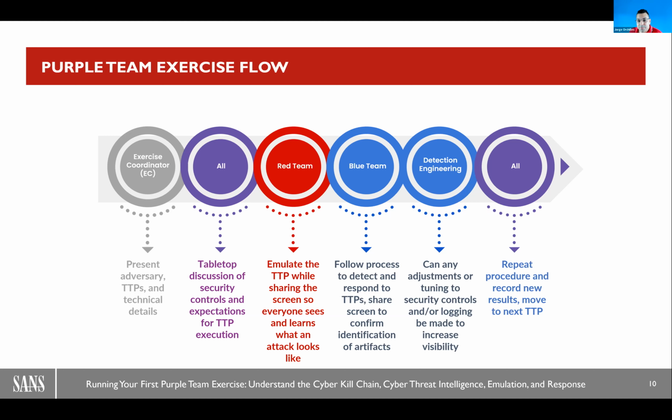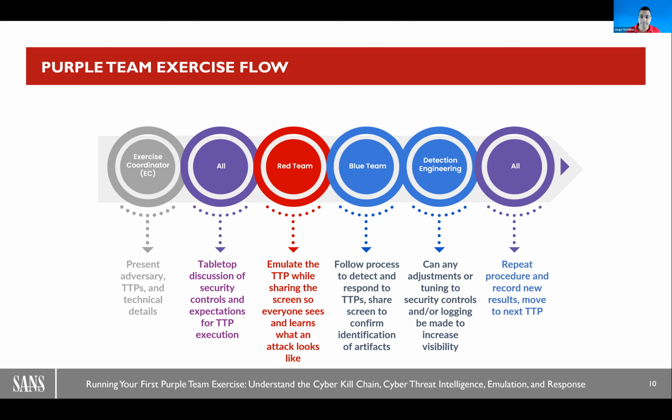What does the hunt team think that they will see? What would the defender team see? And you document all of this. It's fun to bring in managers and more senior level to see their expectations and see if they match with the analysts' expectations. And then you have the red team emulating that TTP, sharing the screen, showing how to emulate it.